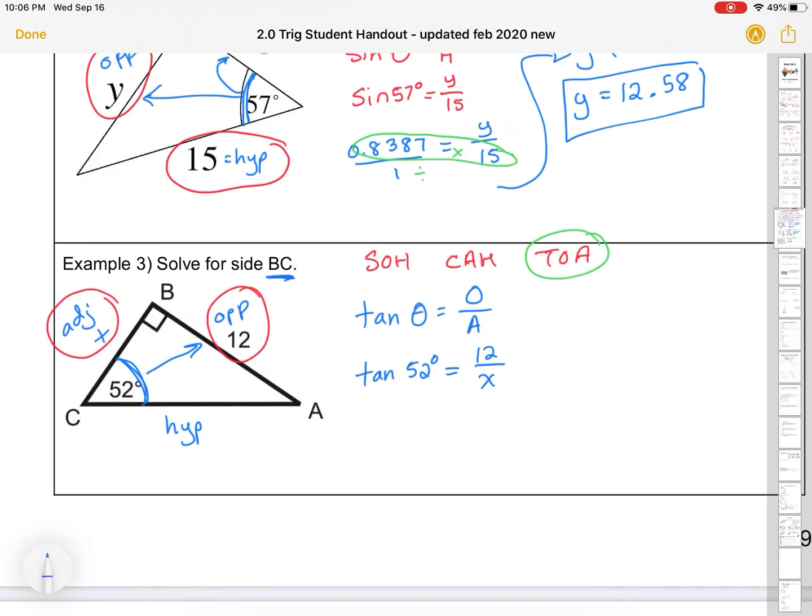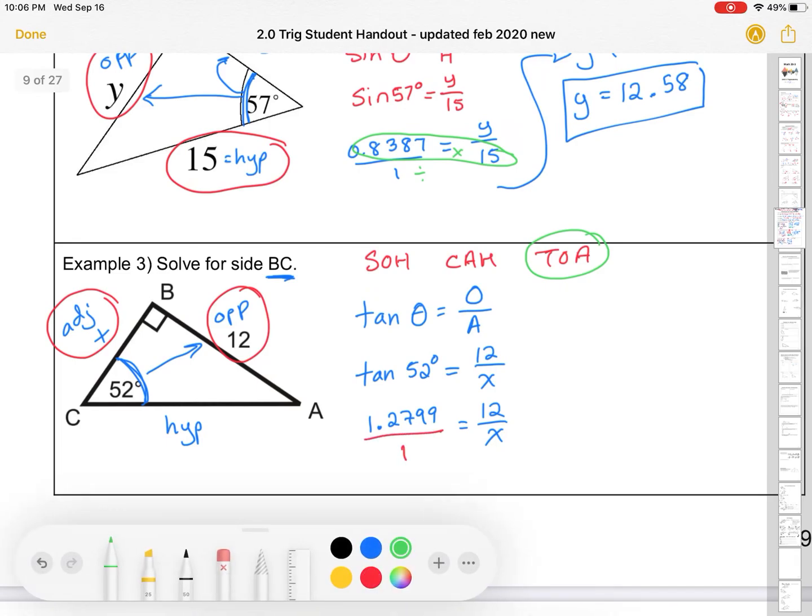Now, let's find our ratio. So tan of 52 equals 1.2799, okay, equals 12 over x.